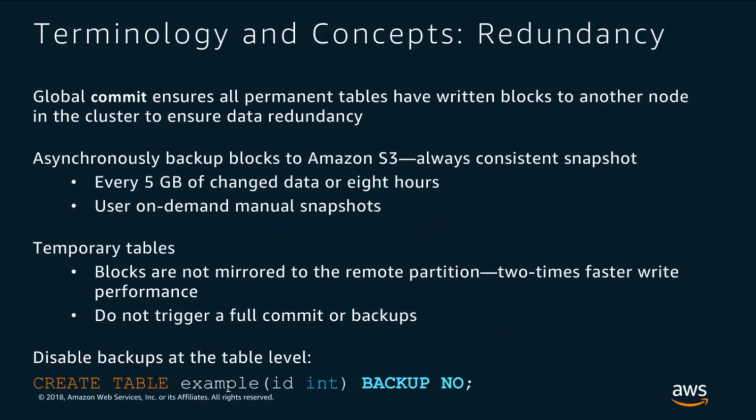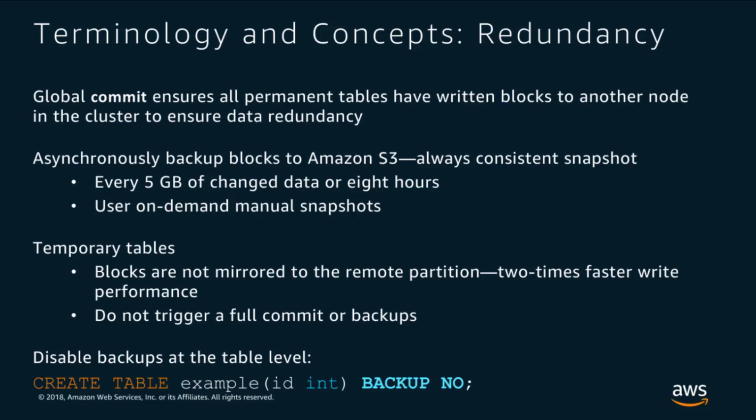We talked a little bit about how we mirror the data from one node to another. The one thing that this ties into is that commits in Redshift are a little bit more expensive. This is a 2-phase commit in that we have to write data to 2 different nodes.